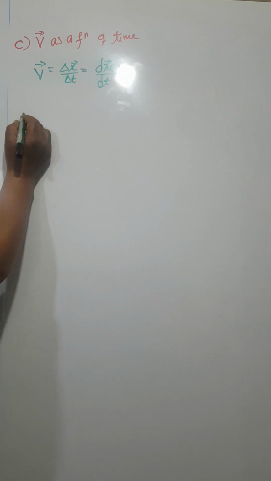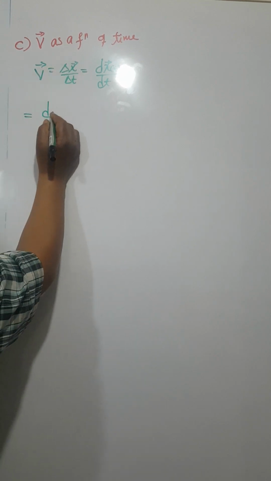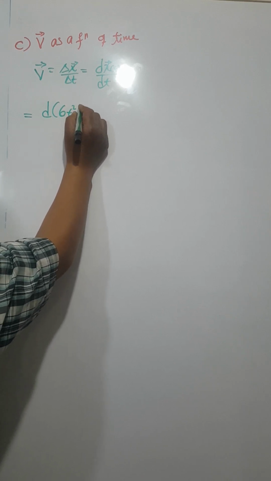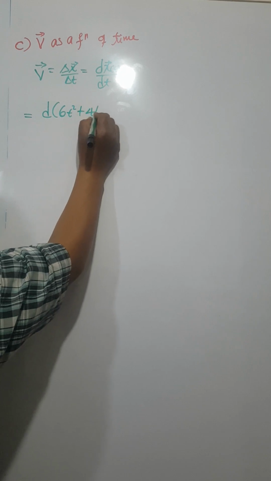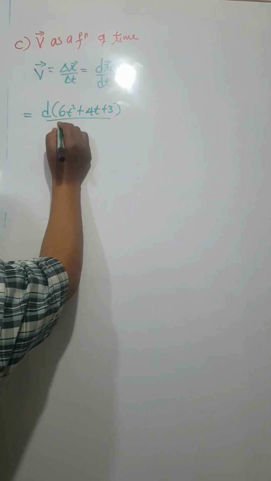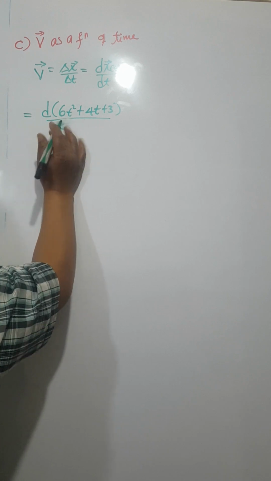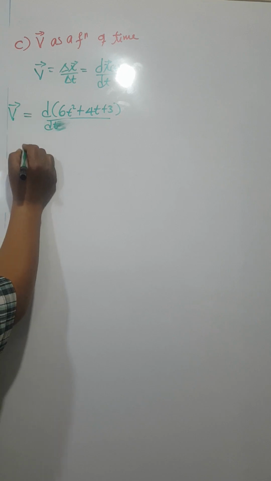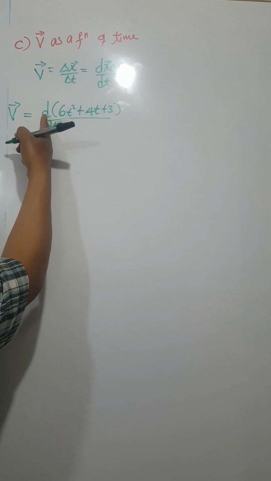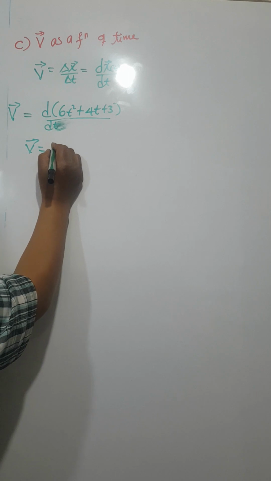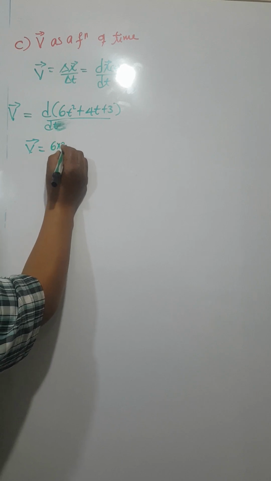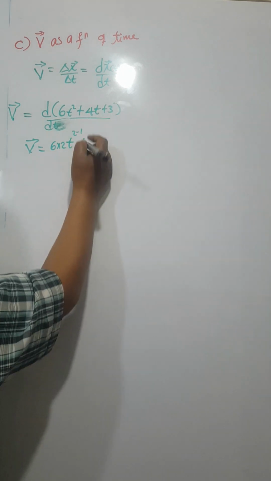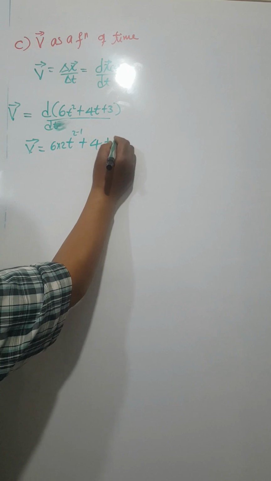Now this is equal to d of x with respect to t, which is 6t squared plus 4t plus 3, divided by dt, differentiating this with respect to t. So v is equal to, now d by dt of 6t squared is 6 times 2t to the power 2 minus 1, plus 4, plus 0.